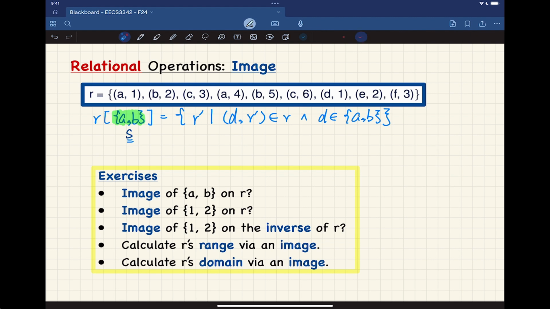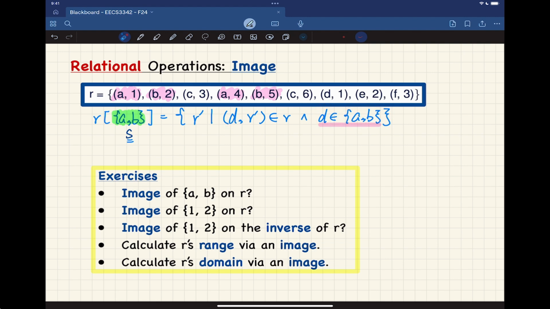If you only consider this constraint over here, it's going to include all the pairs in the relation. But after considering the second constraint, we're only going to include those pairs where the first element is either A or B. So this one here, there's one here, there's one here, and that's it. Those are the pairs where the first element, d, is in AB.